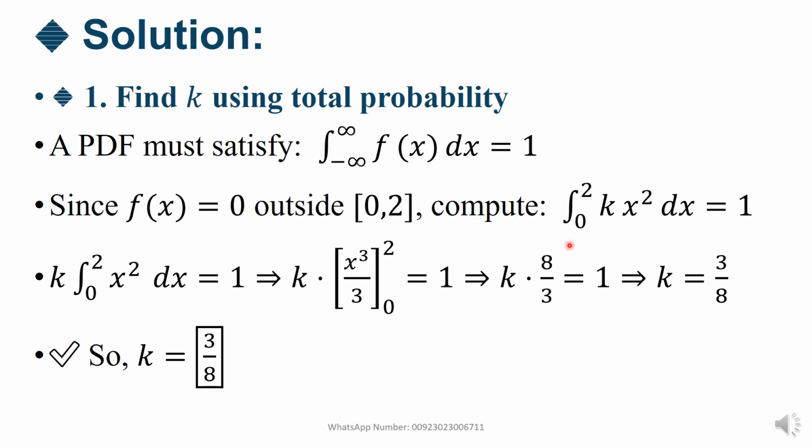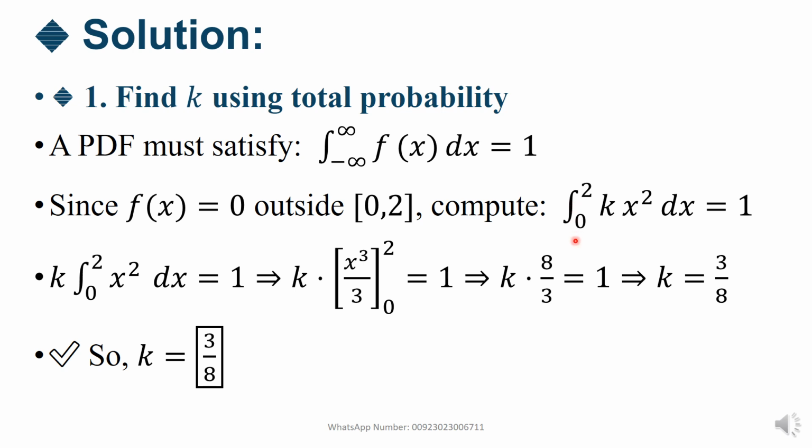Since f of x equal to 0 outside 0 comma 2, this interval is given in your question. Compute the integration from 0 to 2 of kx square, because f of x equal to kx square is given in your question.